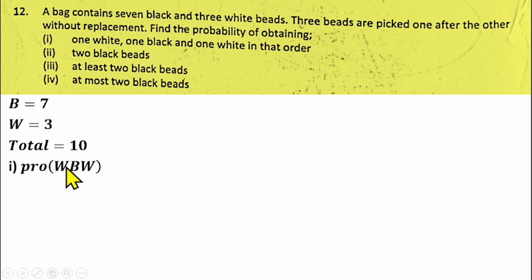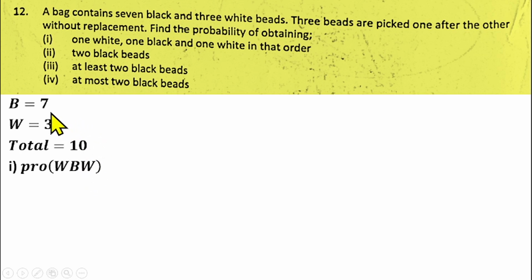So the probability of picking the first white will be 3 over 10, times the probability of picking the black, that will be 7 out of 9, because we have already picked one ball and we did not replace it. Then times the probability of picking the second white ball.